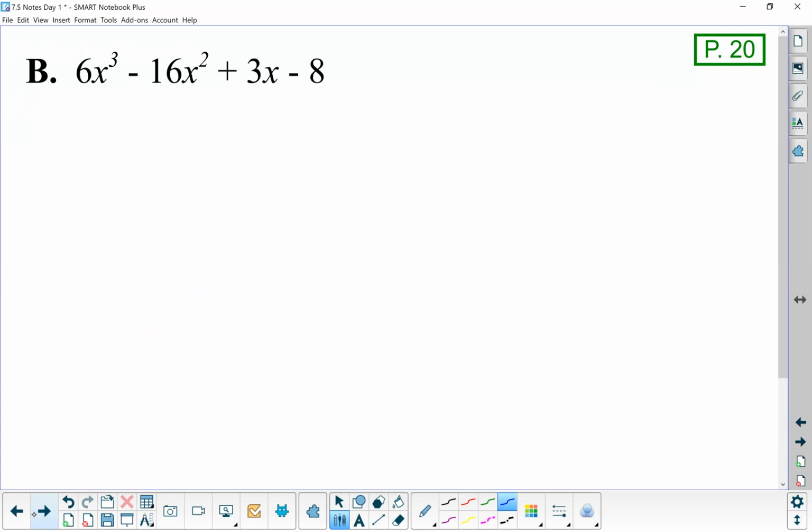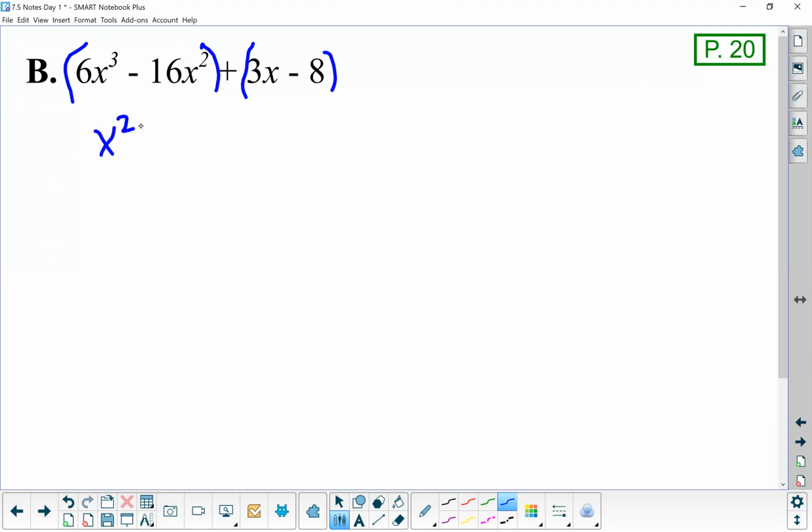Example B. Group the first, first check to see if there's a greatest common factor with all four terms. In this case, there is not. Group terms into two terms and factor out from each term a greatest common factor. The 6x cubed minus 16x squared has a greatest common factor.